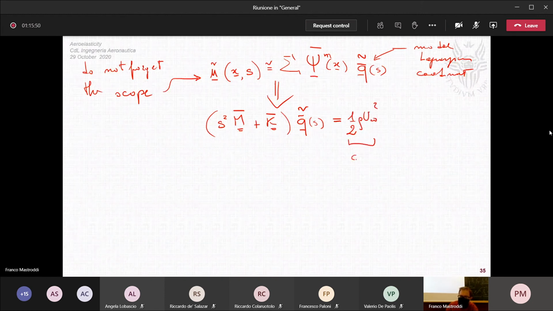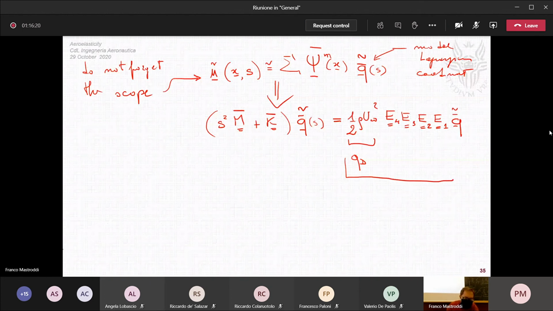This is the dynamic pressure. And here we have the E4 matrix, E3 matrix, E2 matrix, E1 matrix, and finally we have Q. And all this is a unique E matrix, function of s.